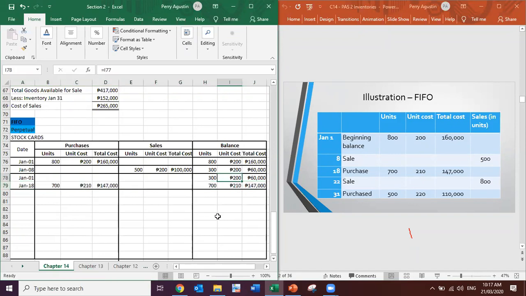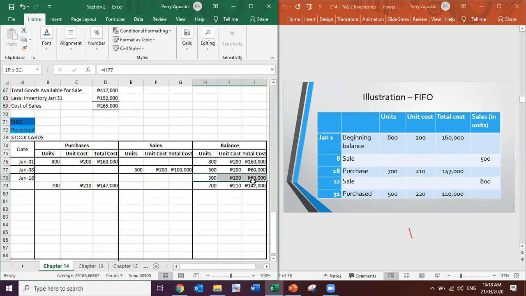Okay? Then the next thing that we have to do now is, yep, someone sent a message. All right. So the main reason why we included this together in one row is so that it would signify that these are the inventory that we have on hand. Ito na yung meron tayong inventories. 300 plus 700. So ibig sabihin, as of January 18, ilan pa yung inventory mo?